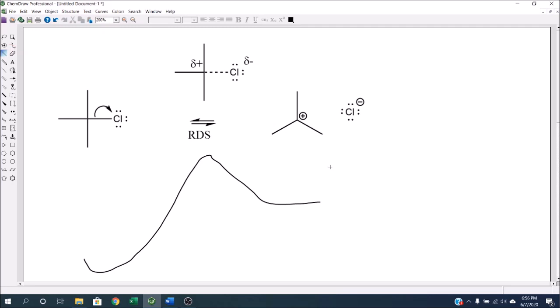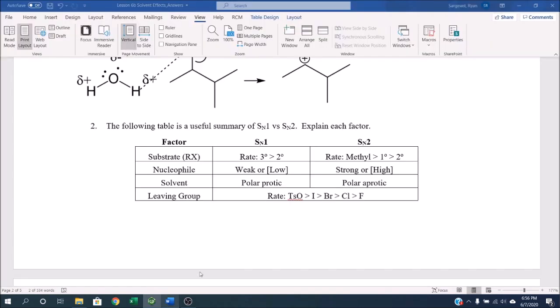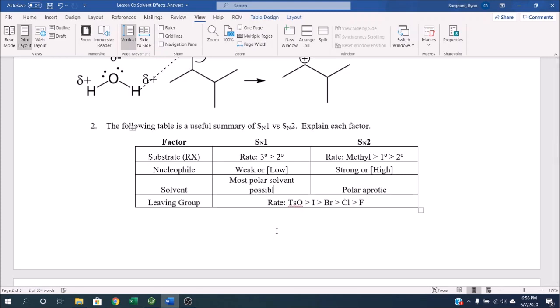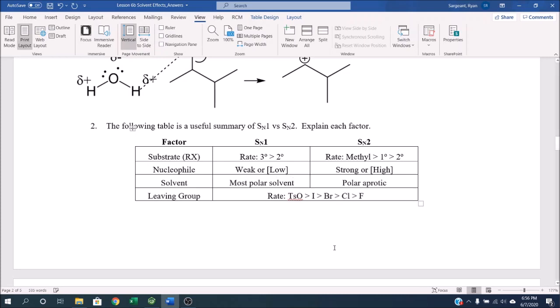So a protic solvent is generally more polar. So an SN1 reaction doesn't necessarily care that the solvent is protic, it cares that the solvent is polar. So I should change this right here. The SN1 just wants the most polar solvent possible. That looks ugly. Most polar solvent. And an SN2 is the one that's picky about the proticity.